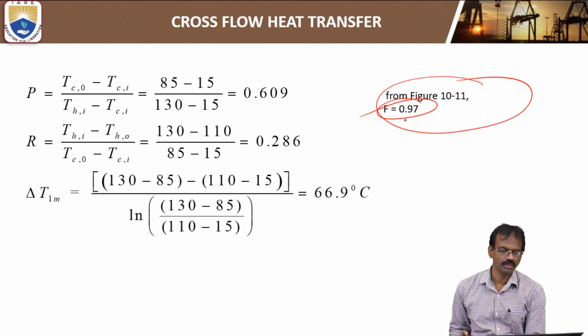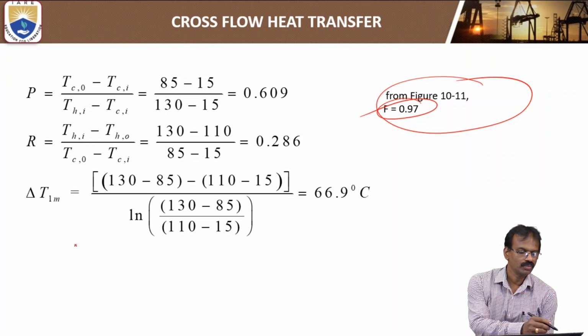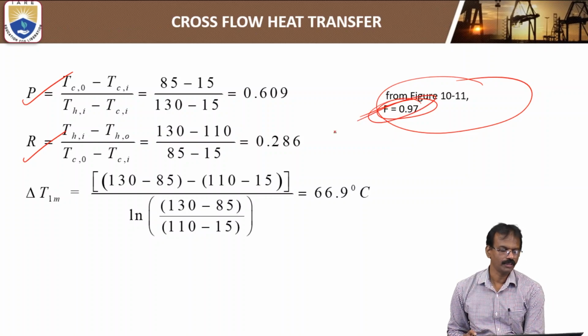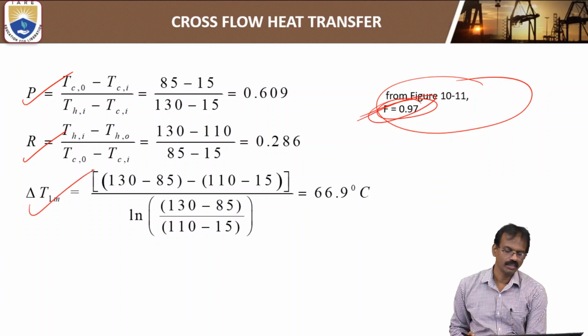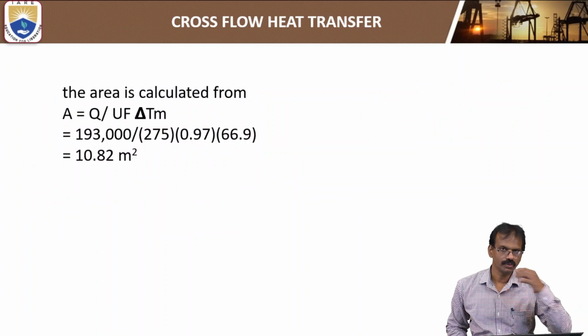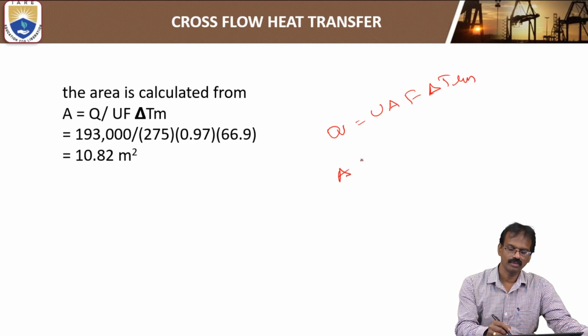Because by using the P and R values, you can find out the F value. Okay. Then you have to find out the delta TLM. If you know the delta TLM, then you can substitute all the values. Q is equal to UA F into delta TLM. Then area is equal to Q by U F into delta TLM.